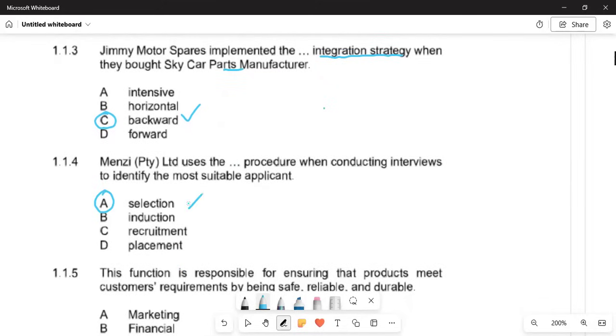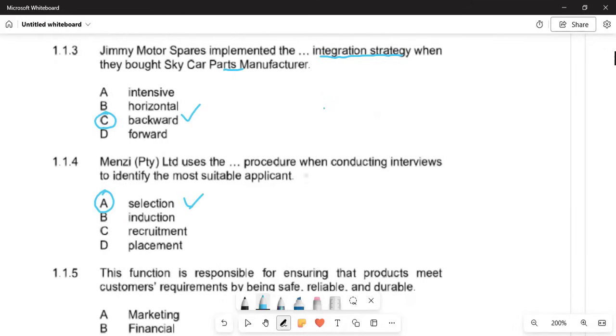They use selection procedure when conducting interviews to identify the most suitable candidate, because we know that selection is the process of selecting the best candidate. This is where we are trying to select the best candidate and the most qualified applicant.